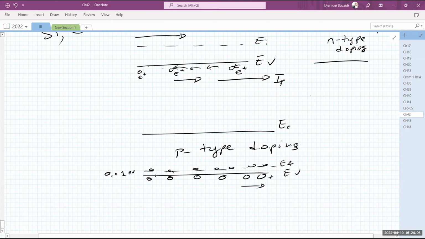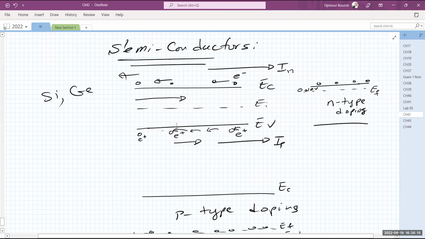The combination of N and P is what makes semiconductors useful. It's the doping that makes it useful, not the intrinsic behavior, not this one. Because silicon is nothing but the rock that you find in the sand. If you go to the sand on the beach, for example, or the playground, that is actually what silicon is. It's useless.